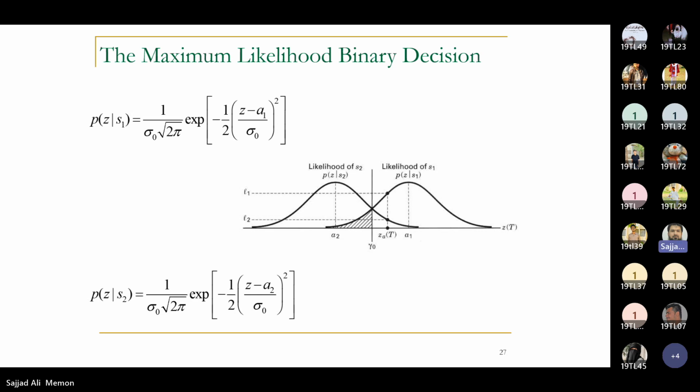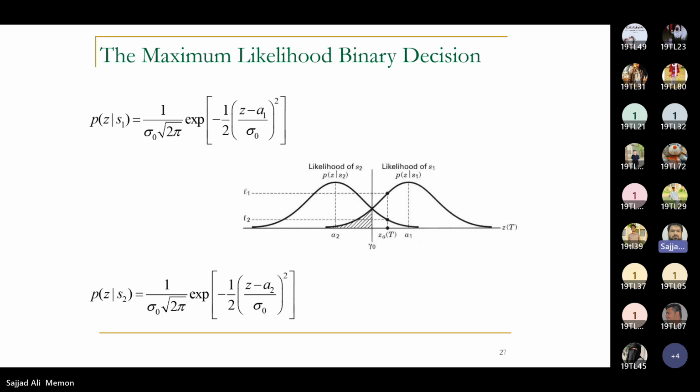And that is the test statistic signal, that is Z of T. We have A1 and A2, and gamma naught is your threshold. One signal is received at Z of AT on level 2.